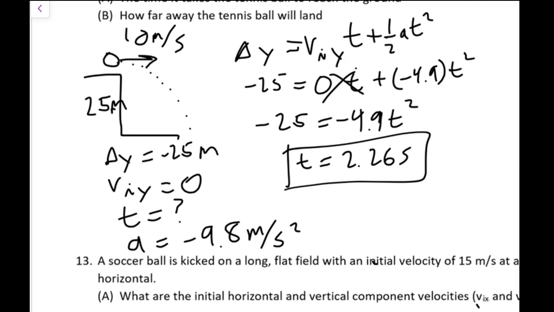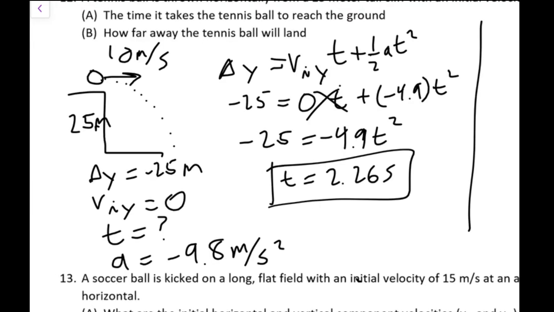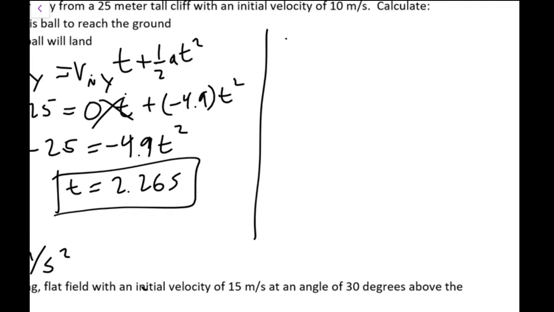Then to figure out delta x, it's quite simple. We just take the time that we had from the y component and multiply by our horizontal speed of 10 meters per second. Going back to velocity equals displacement divided by time, when you don't have an acceleration, this is true for the x direction in projectile motion.